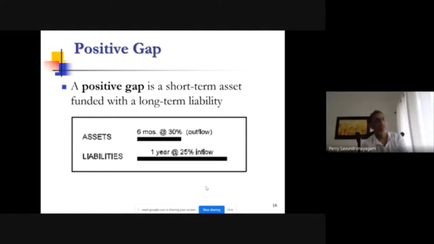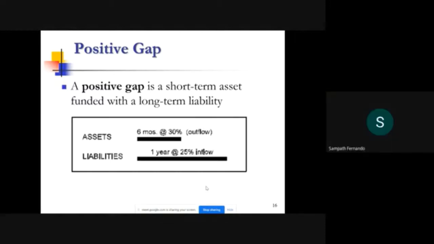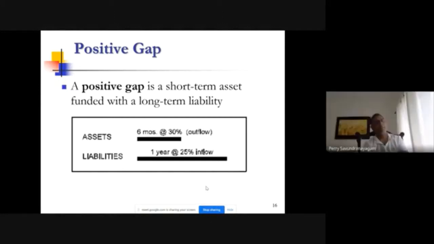If your view is that interest rates are going up fast or soon, or in the next year, then what would you do? Then you have to convert the liabilities into long term. Forget about the converting. Say you're starting from scratch.